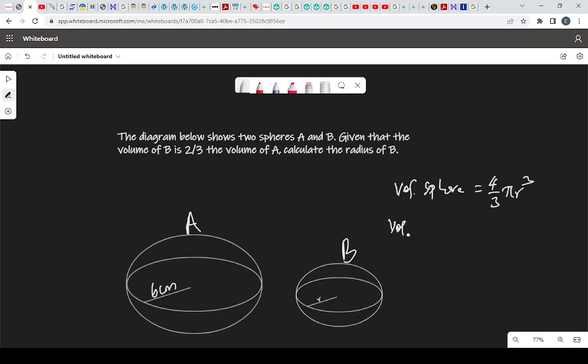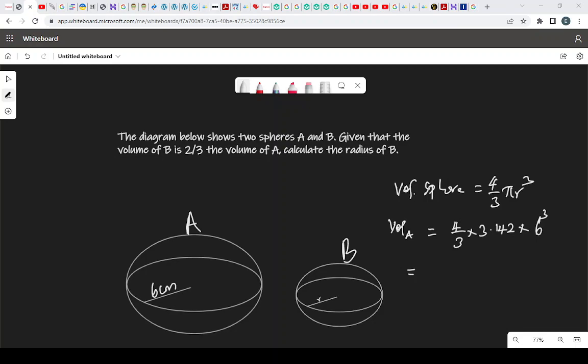So V of A is equal to 4/3 times 3.142, the approximate value for pi, times the radius of sphere A, which is 6 cubed. When I put this value into the calculator, let me take the cube of 6 first. 6 cubed is 216, times 3.142 times 4.